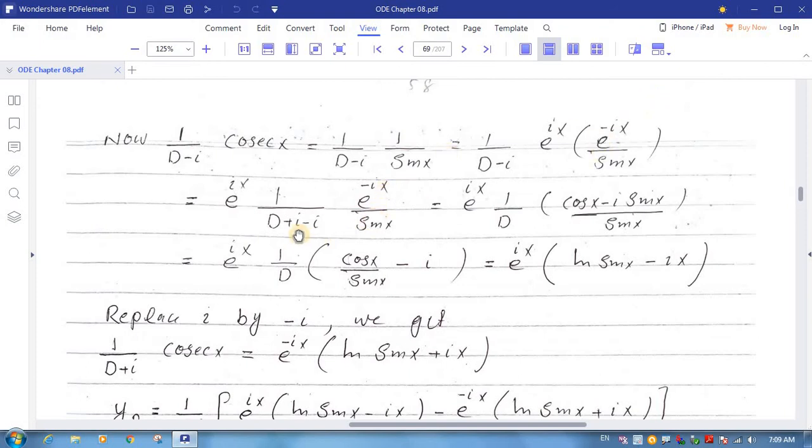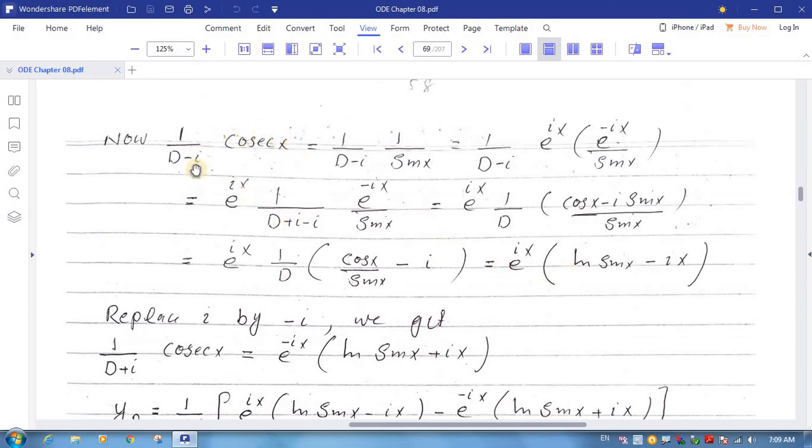Now iota minus iota will cancel each other. This is the simplification. This is an Euler function equal to this one, where 1 over D represents integration. So dividing cos by sine, similarly sine over sine is equal to 1. Now this function is as it is. The integral of this quotient is equal to log of the denominator. The integral of minus iota is equal to minus iota x. Now this is the value of this term.